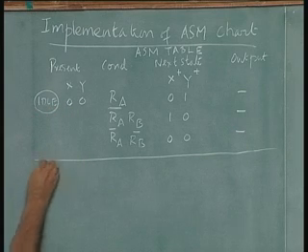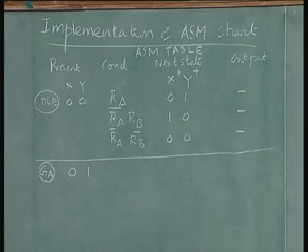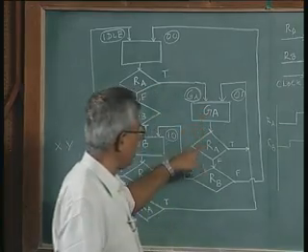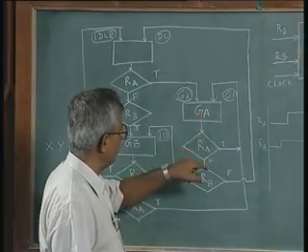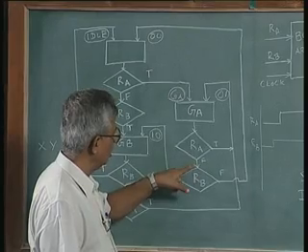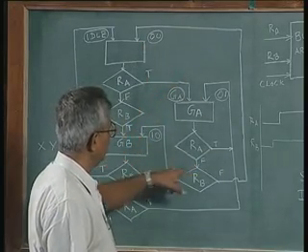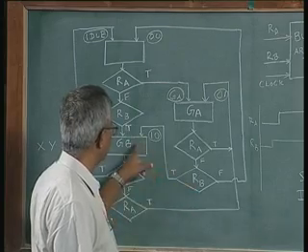The next state is GA, which is 0 1 state. How many paths are there here? There are three paths. If RA is true, it goes back to GA. If RA is false and RB is false, it goes back to idle. If RA is false and RB is true, it goes to 1 0.